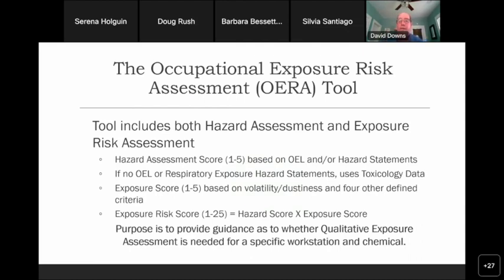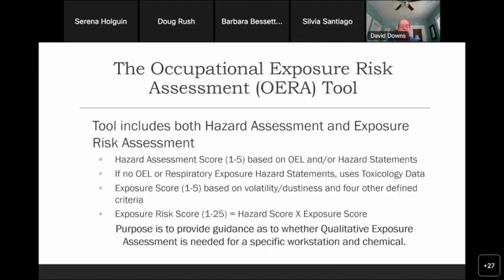If you don't have actual OELs or hazard statements that are related to respiratory exposure, then you may need to look at toxicology data that may be available for that material. Then it also uses an exposure score of 1 to 5 based on volatility or dustiness of the material and 4 other defined criteria, which we'll talk about momentarily. And then you multiply those together, and you get an exposure risk score from 1 to 25.